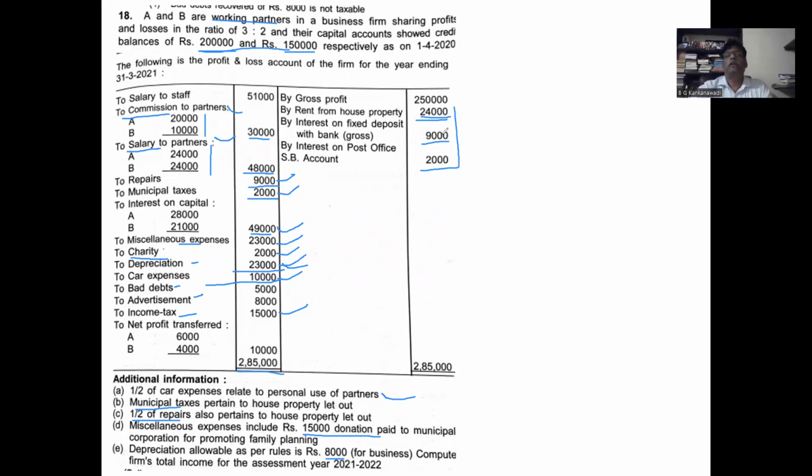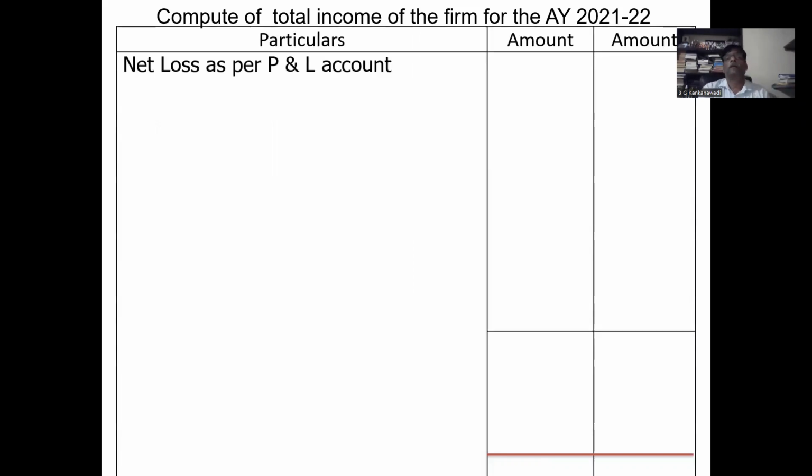Okay. Now you see the solution. Computation of total income of the firm for the assessment year 2021-22. First, you take net profit as per P&L account. Sorry, net profit, it is not net loss.